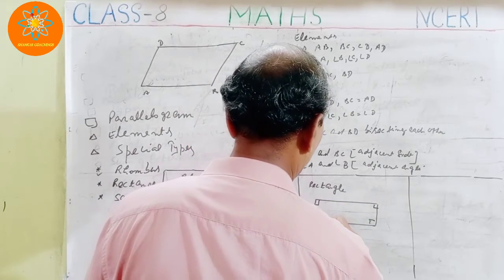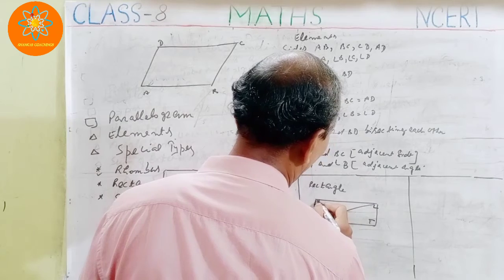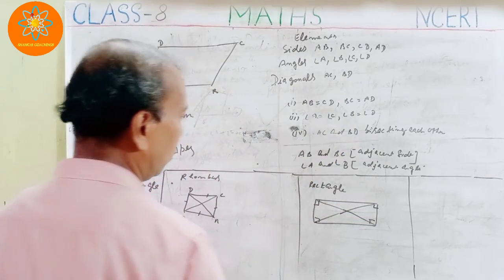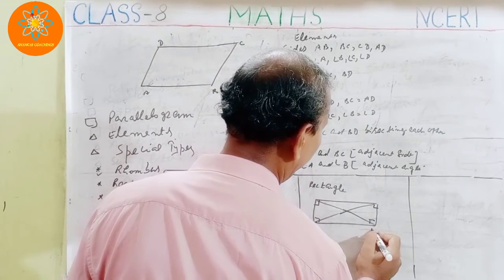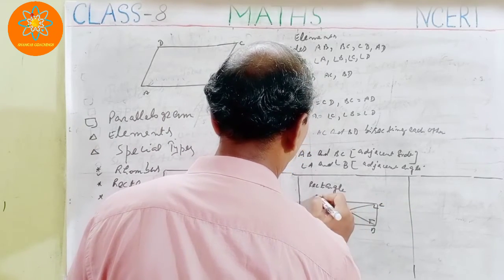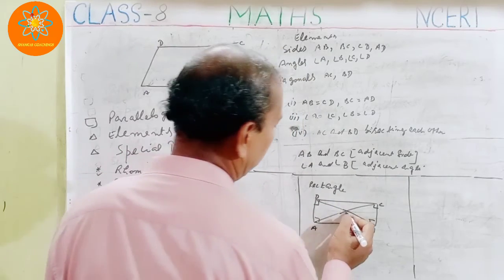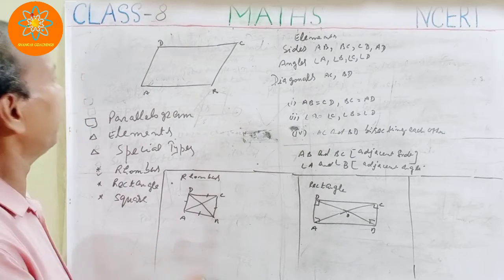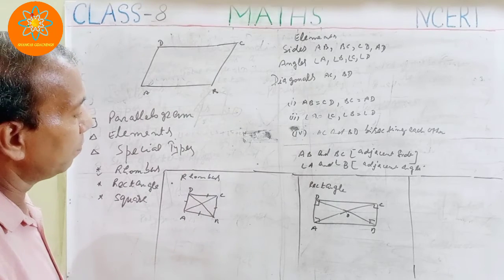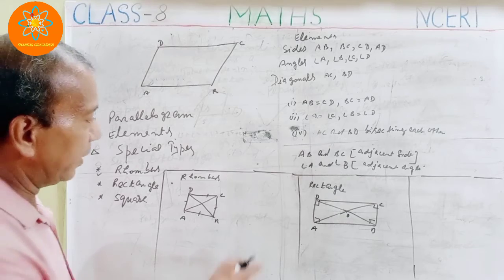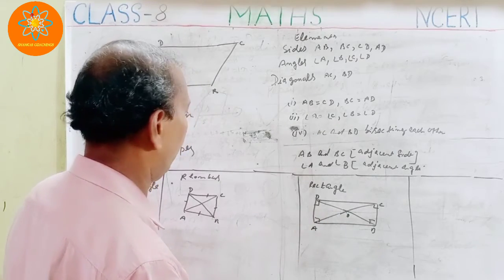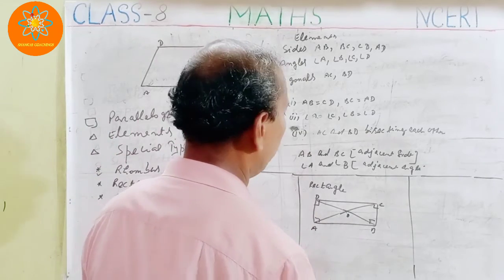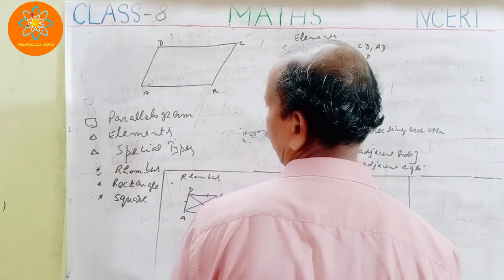One more property is there. Let's suppose this is A, B, C, and D, and this portion is O. It also contains all the properties of the parallelogram. Besides that, the diagonals are equal.